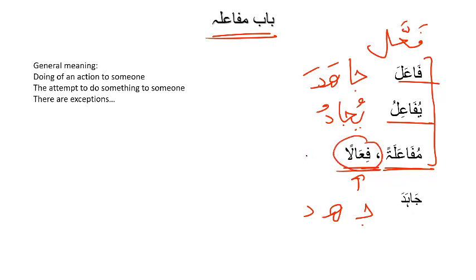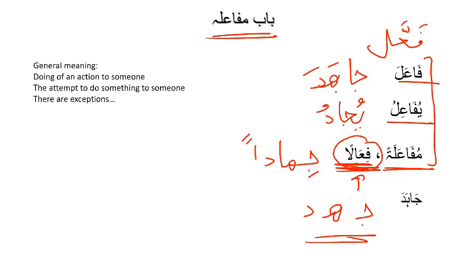So what is the name of the action? Mujahadatan? No. I'm just telling you that fi'alan is more common. So put jim ha dal in this pattern, fi'alan. Jihadan. Okay, jihadan.